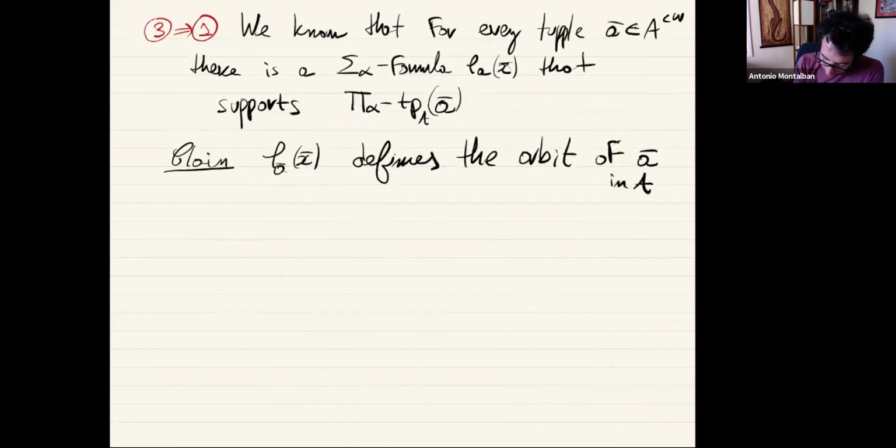To prove the claim, there are some little details that are just small technicalities. Okay, so let me tell you the idea.